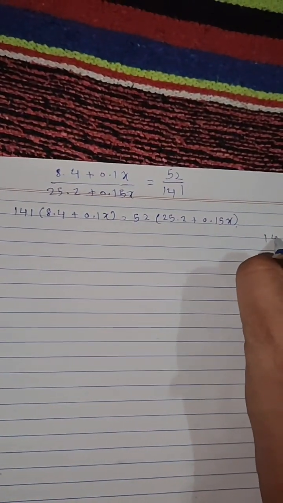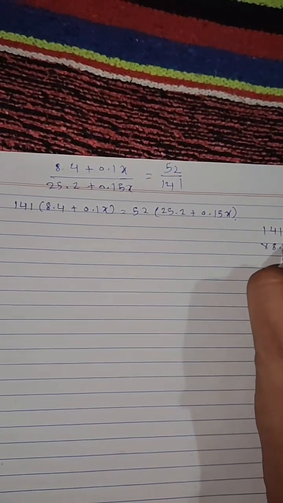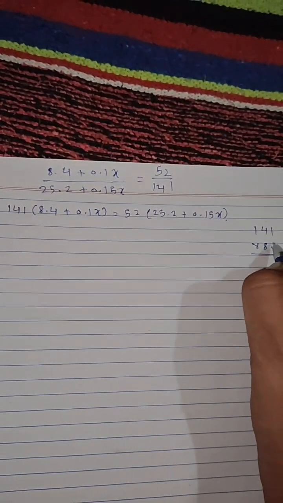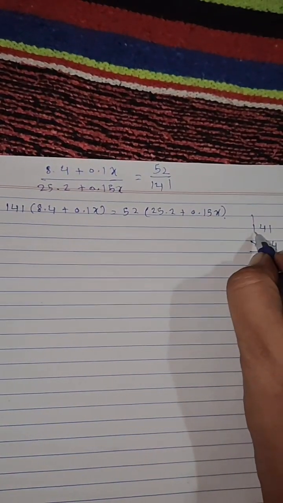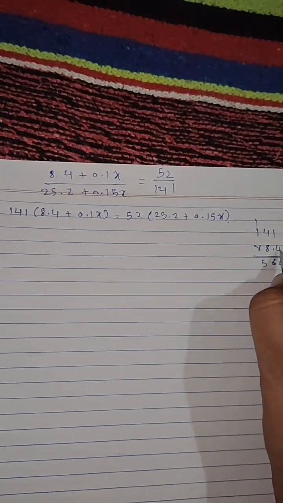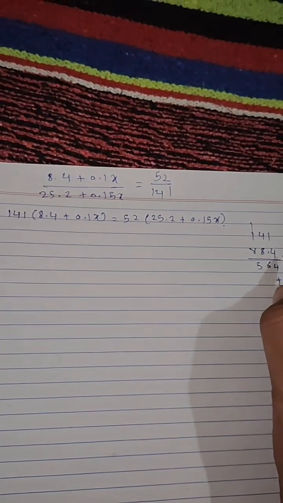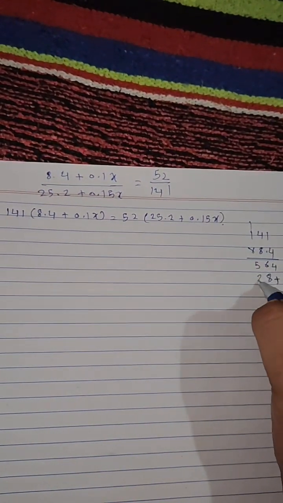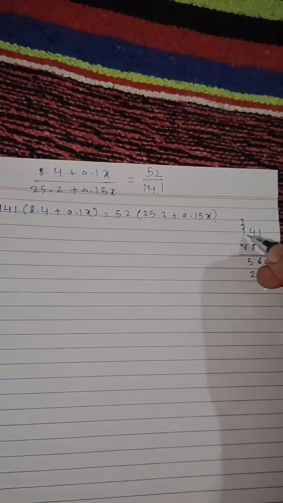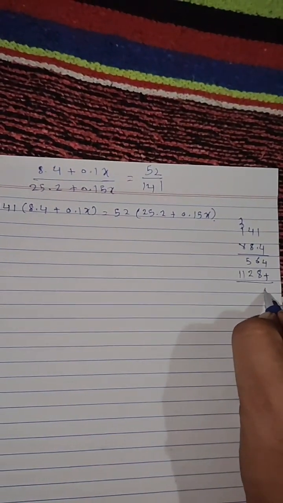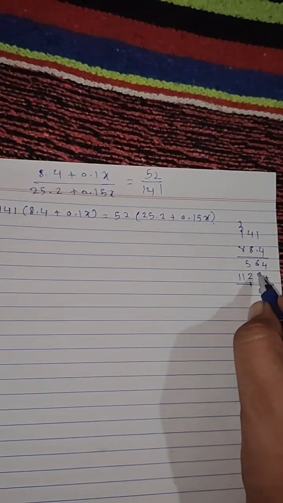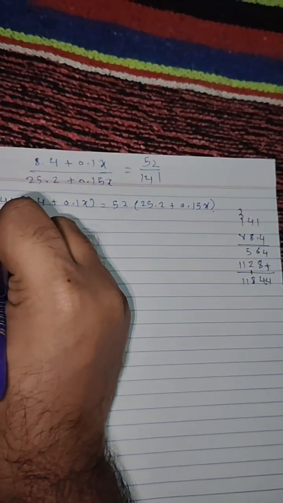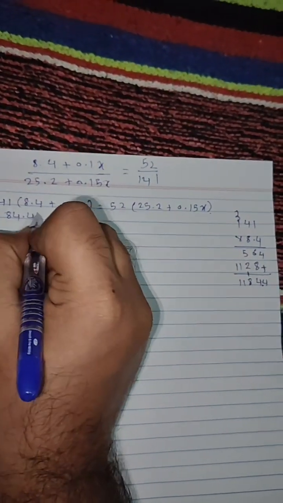First we multiply 141 into 8.4, which comes to 1184.4.